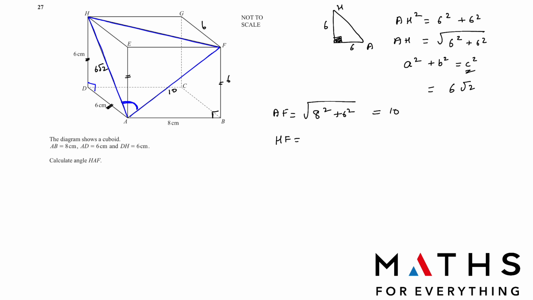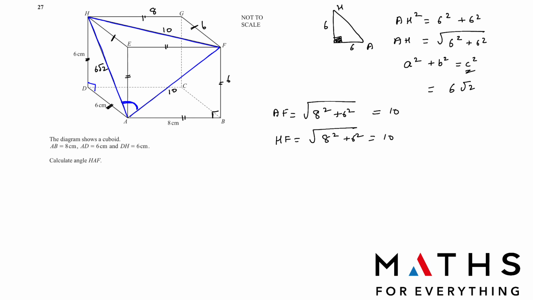This is 6, so this will be 6, and the opposite side in a rectangle will be 6. Same way, AB is 8, so EF will be 8 and HG will be 8. So now we have the triangle with the values 8 and 6, and we have to find the hypotenuse. Same way, it will give us 10.